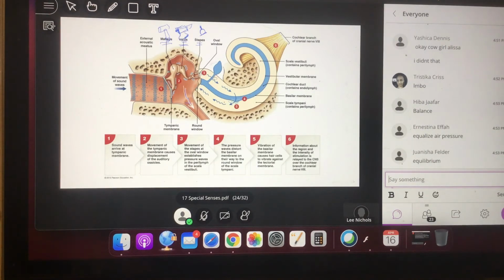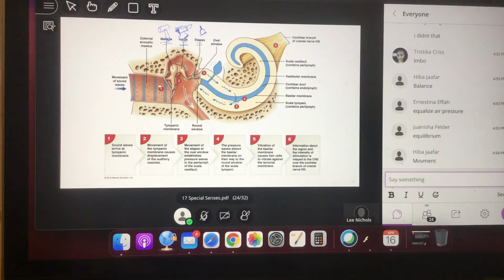That's the inner ear, way over here pictured on our diagram. But look at this. Remember this tympanic membrane. This is a closed, nope, not movement. The answer is there already. Ernestina gave it to us. Equalize air pressure. Look at this membrane right here. That's a closed membrane.